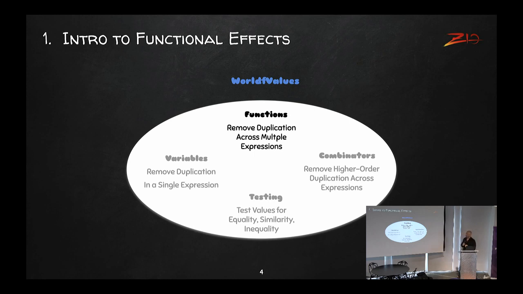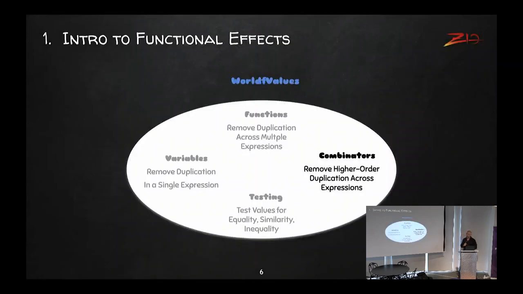We have functions which allow us to remove duplication across multiple expressions. So if you see duplication across an expression, you can create a function that allows you to remove that duplication. We have variables, so if you see duplication inside of a single expression, you can extract a variable, and you can refer to that variable multiple times.